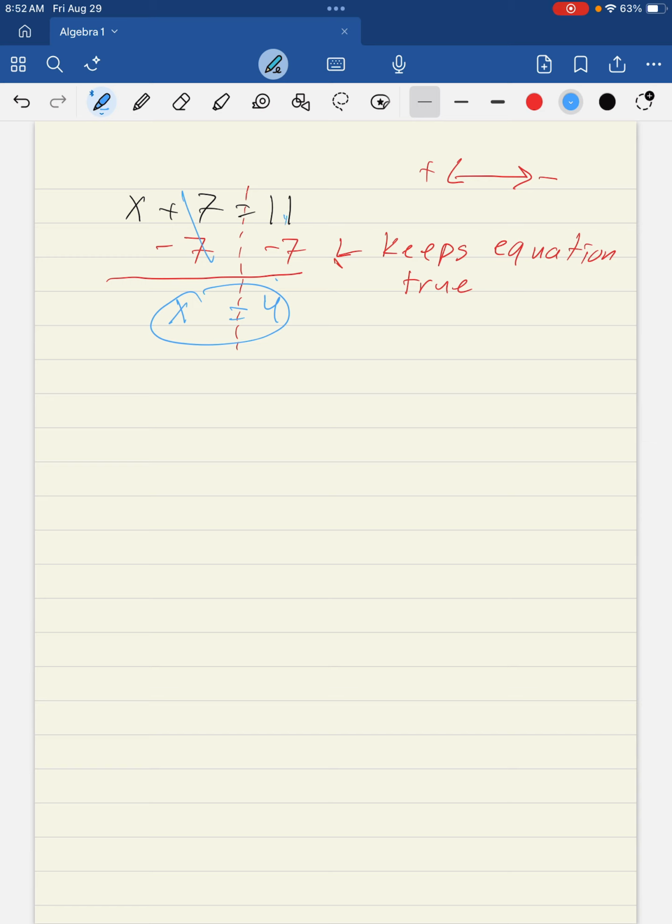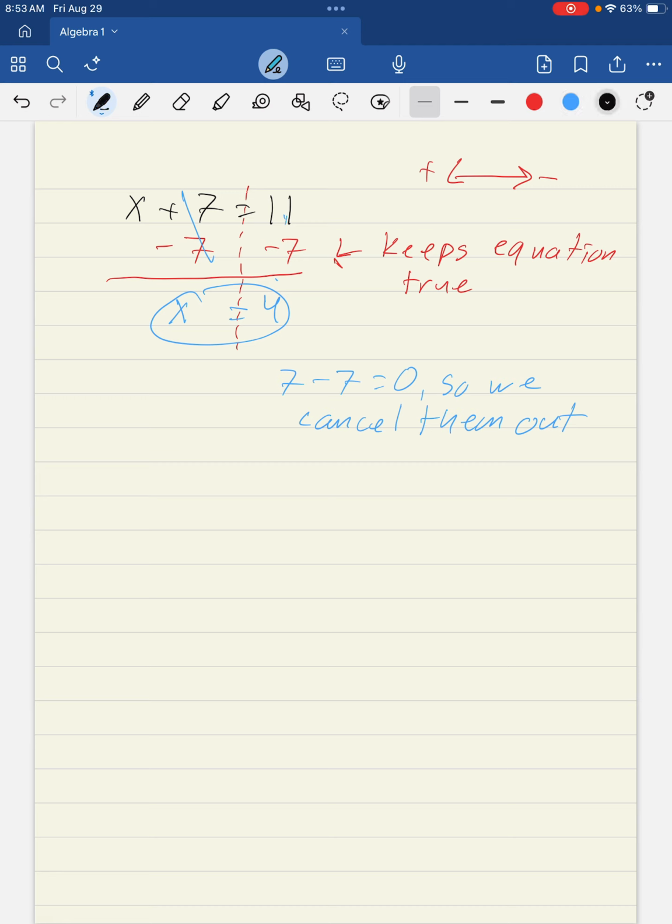Okay, and that's the point of what we're doing here. 7 minus 7 equals 0, so we can cancel them. And again, when you cancel them out, slowly but surely, you are isolating that x.